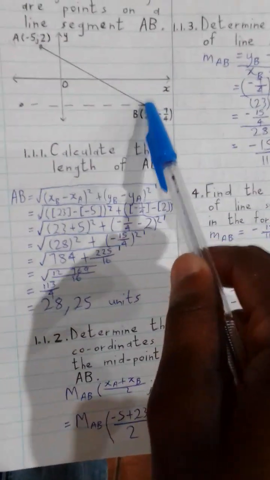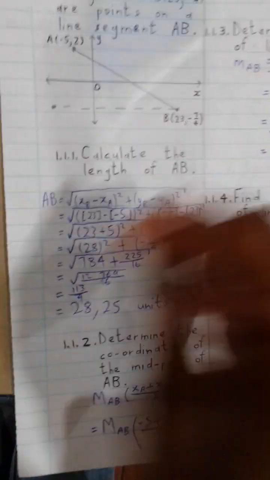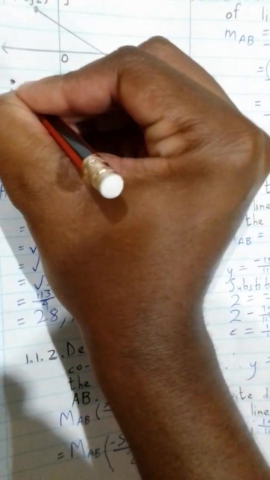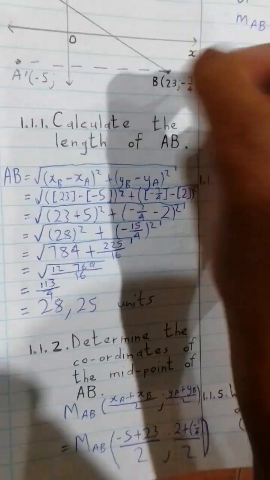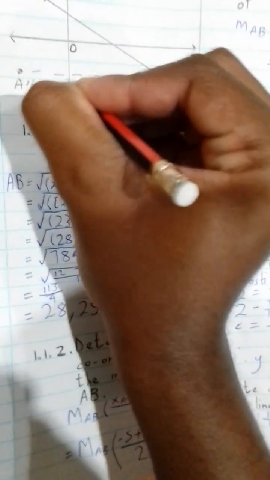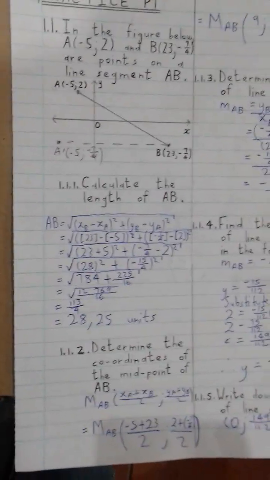Now, a line which is parallel to the x-axis, they have the same y coordinate. So we're going to assume that A prime, the x coordinate remains the same, negative 5, but the y coordinate changed into negative 7 over 4. Because it says the gradient must become 0, right?